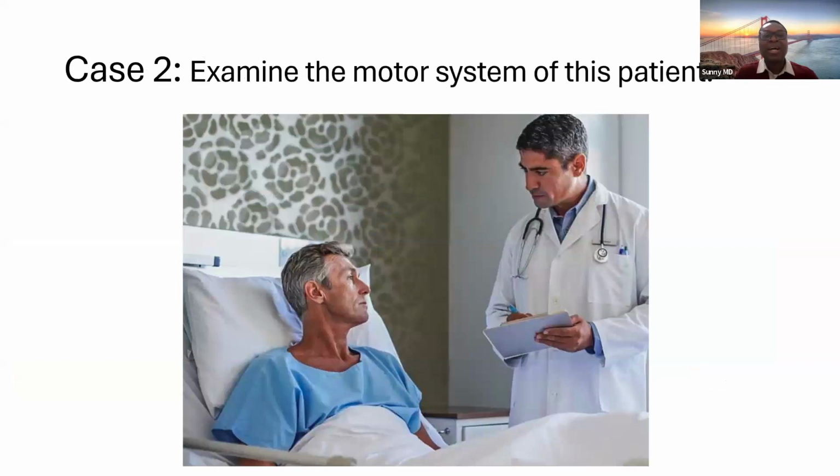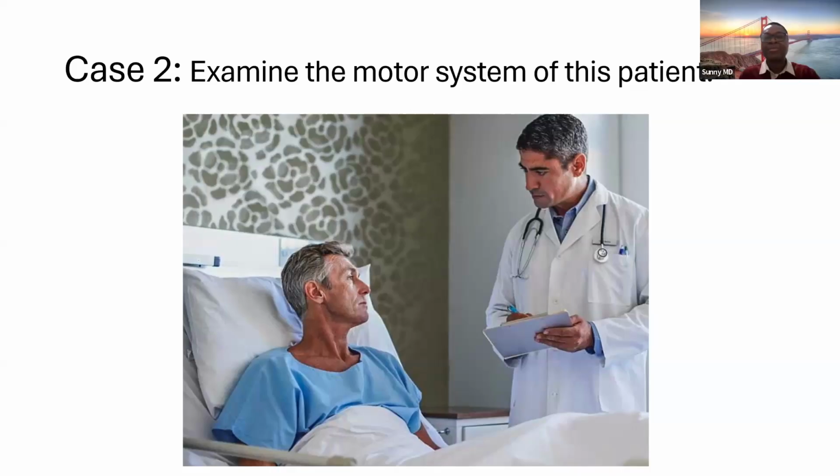For the sake of time, Finton, if you're happy to take the second patient, examine the motor system of the patient. I'll have a look around the room to see is there any mobility aids, any medications, or any foot orthoses. Nothing obvious.